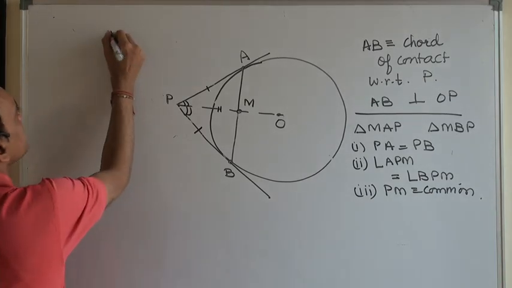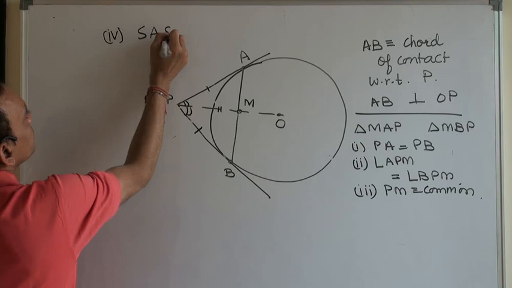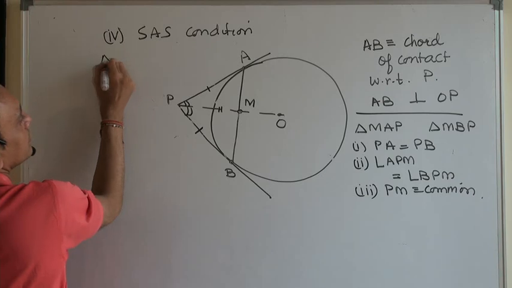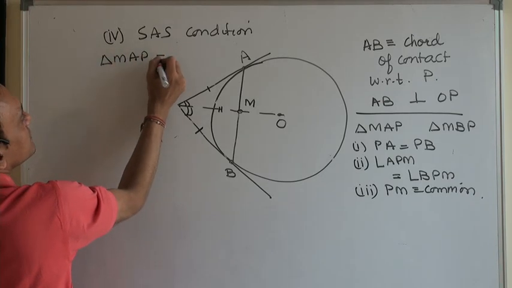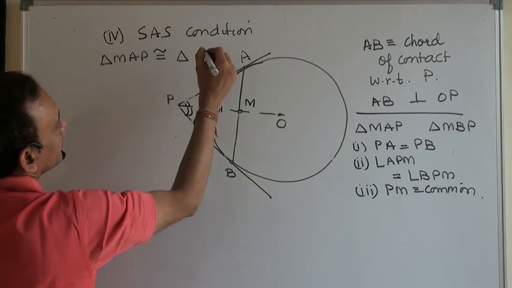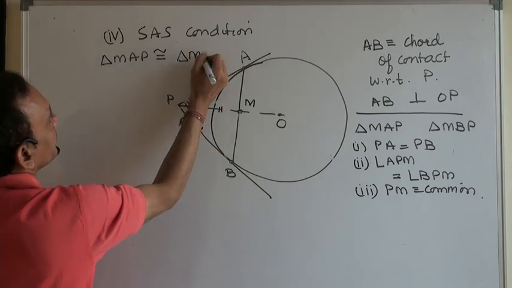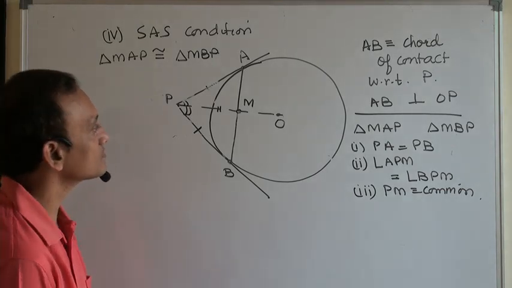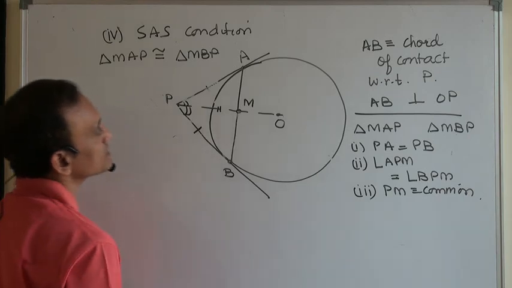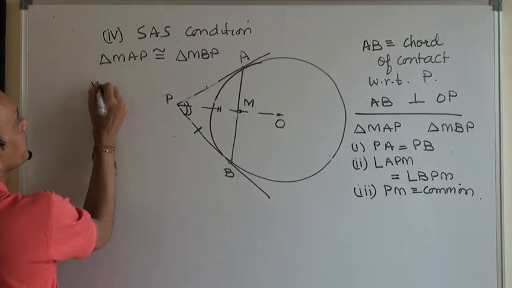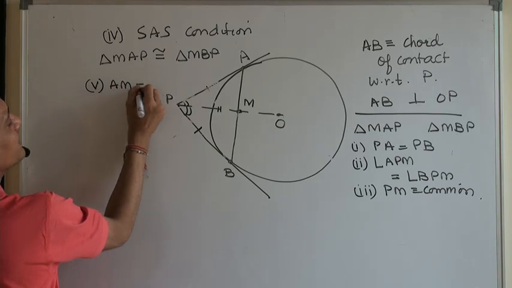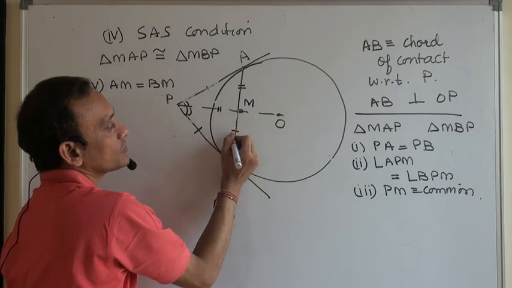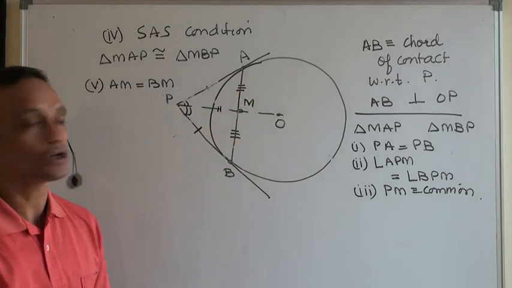So from the SAS condition of congruency, triangle MAP must be identical to triangle MBP. Right? Now, once this happens, then AM must also be BM. Right? This side must be equal to this side because the two triangles are congruent.